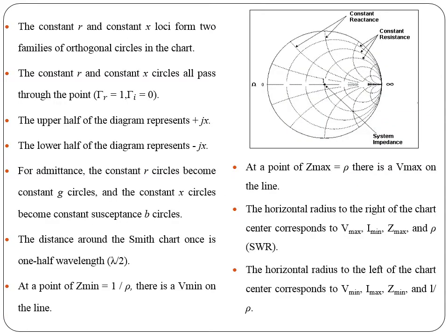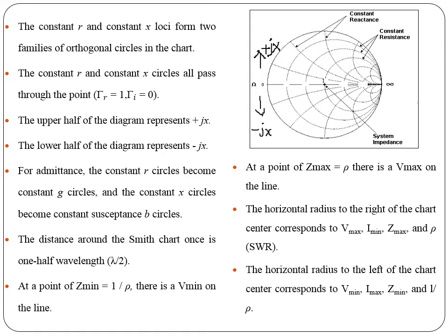Characteristics of Smith chart. There are two families of orthogonal circles in the chart, constant R circles and constant X circles. The upper half of the diagram represents plus jX and lower half of the diagram represents minus jX.